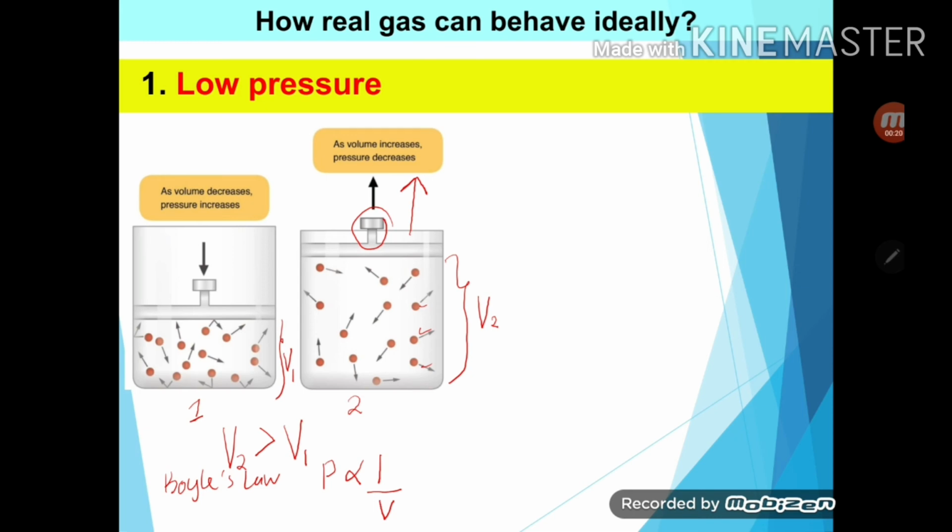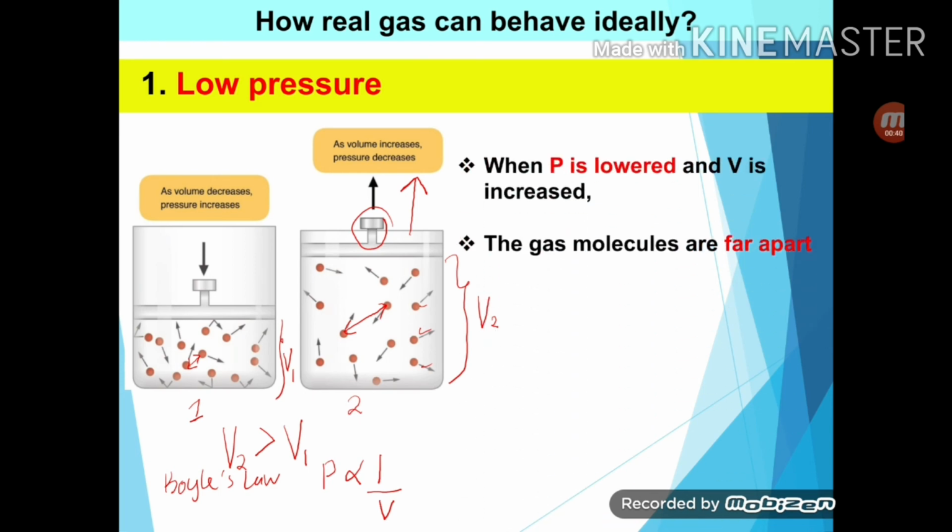So, what you can see from this diagram is that the molecules in the first container are closer to one another, but in container number 2, the distance between gas molecules is far apart. When the distance between the gas molecules is far apart, it means that the intermolecular force between gaseous molecules is very small.